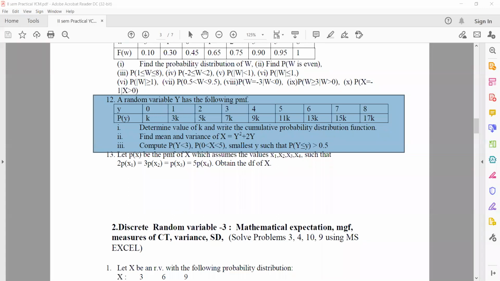So check the sum. Sum is coming to 1. Fine.